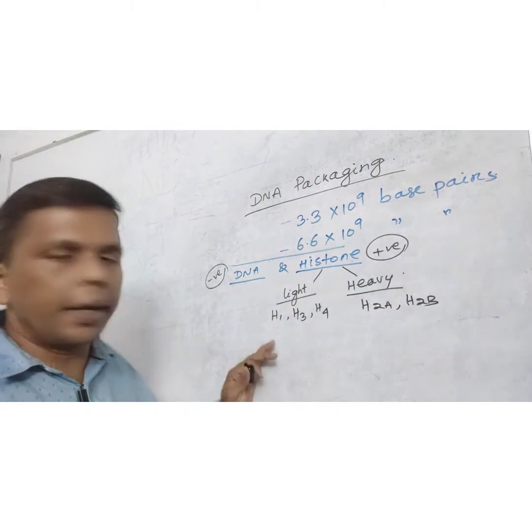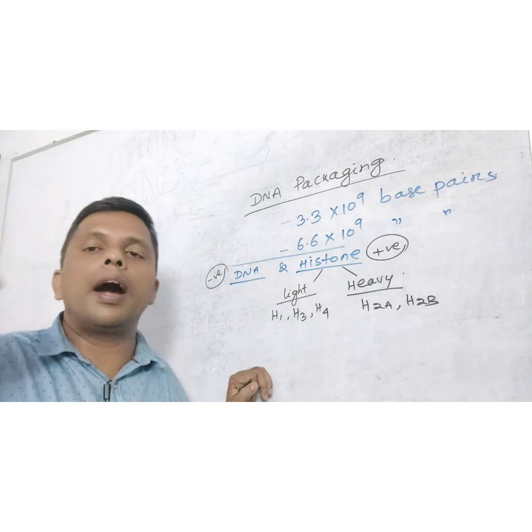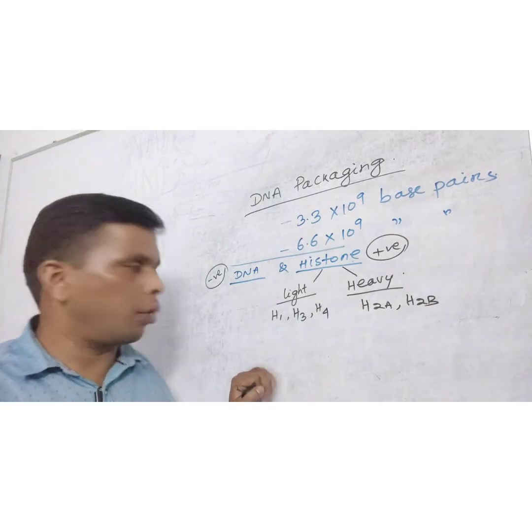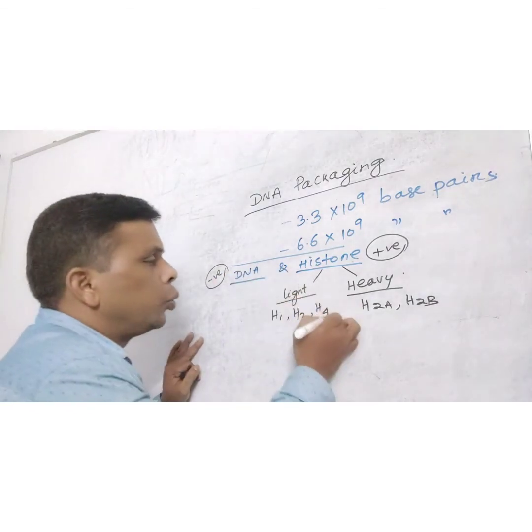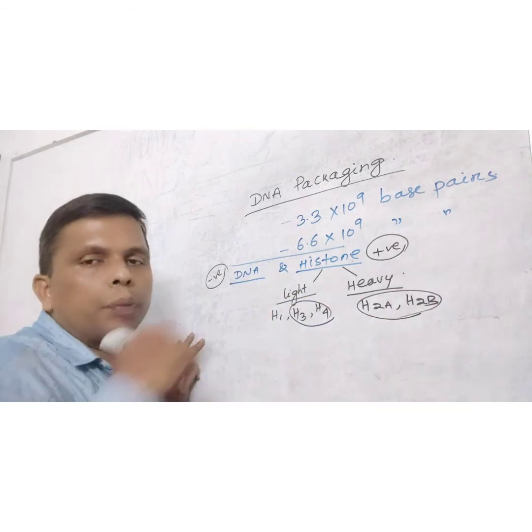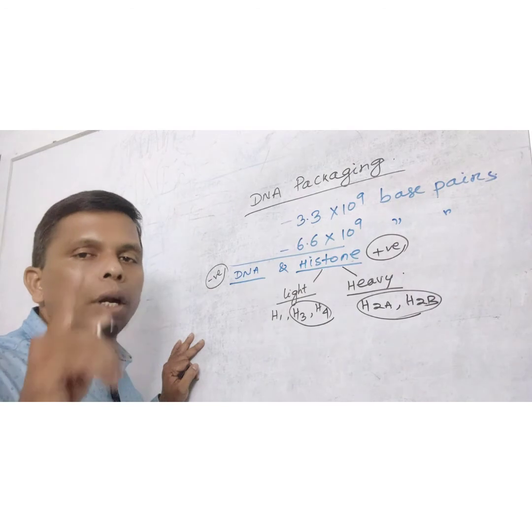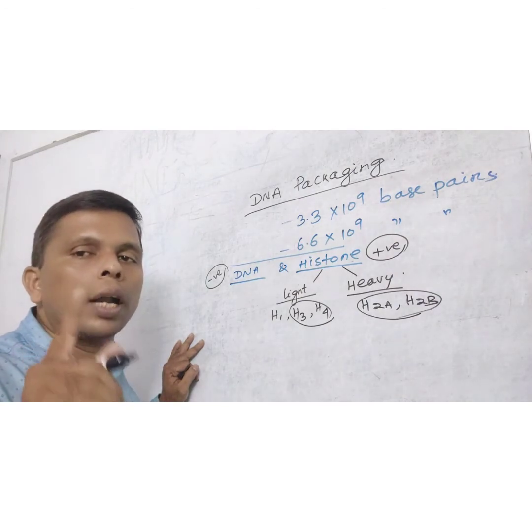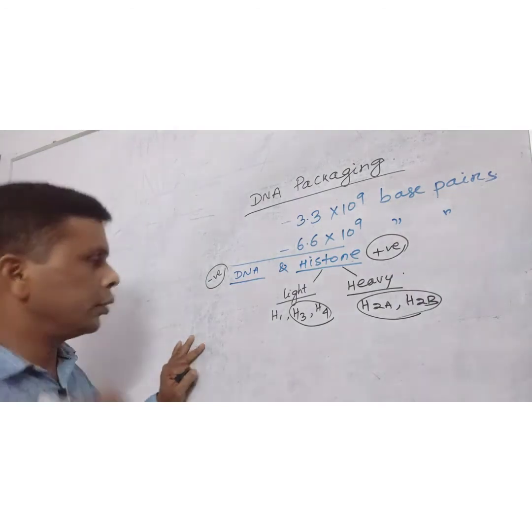So, the DNA has to wrap around the histone. The histones together produce the histone octamer. How?